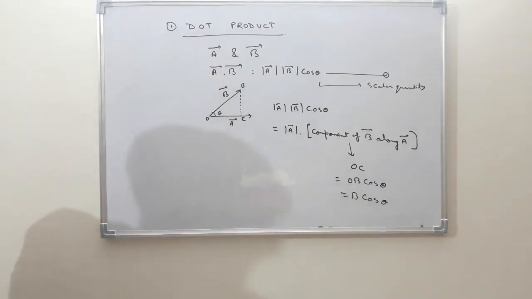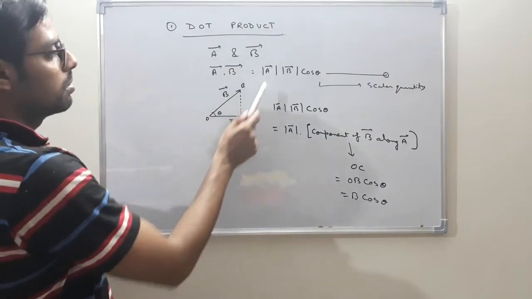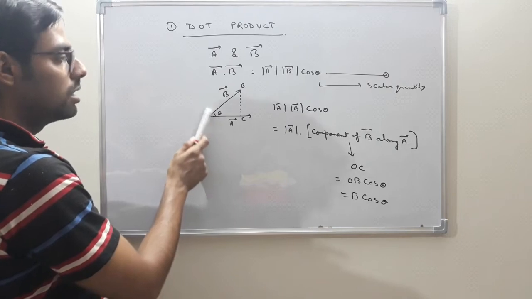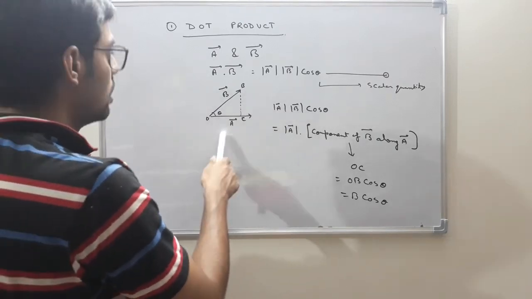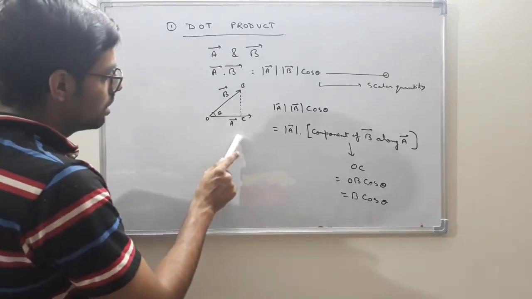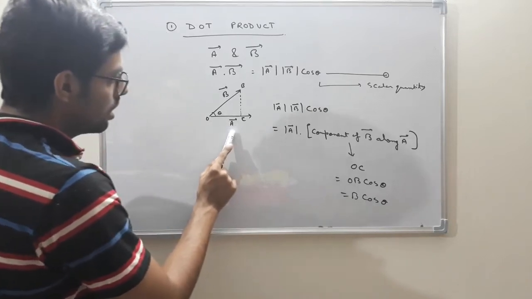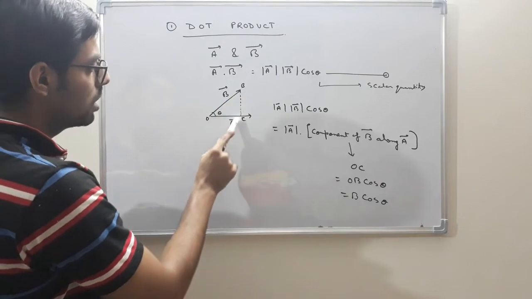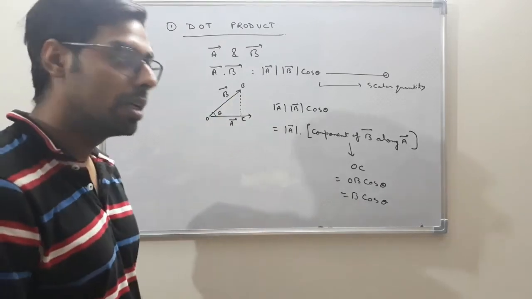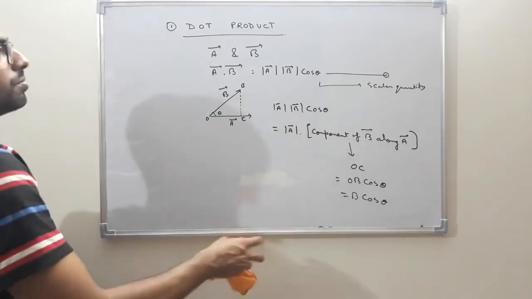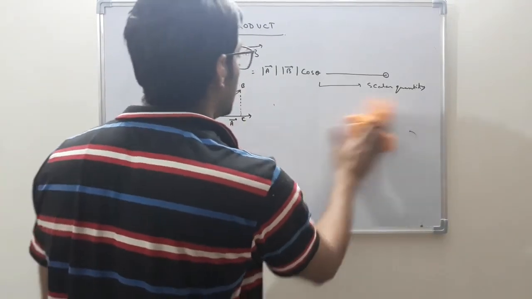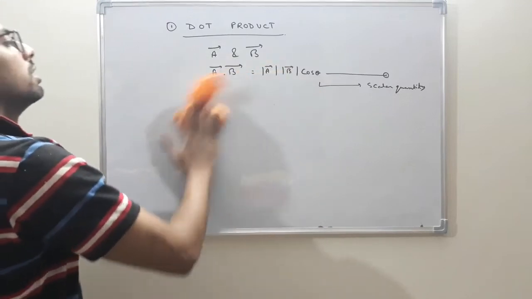Therefore, the geometrical significance of the dot product is that the dot product of two vectors, A vector and B vector, making angle theta between them is the multiplication of the magnitude of one vector into the component of another vector in the direction of the previous vector. This is the geometrical significance of the dot product of two vectors, and it always results in a scalar quantity.